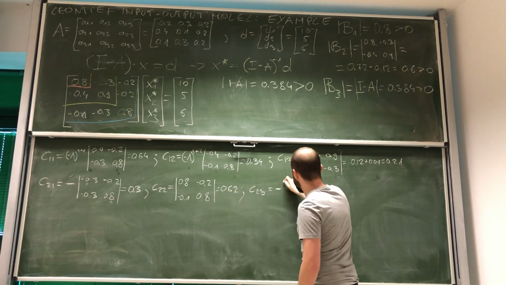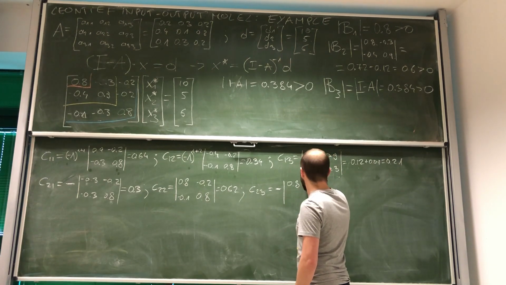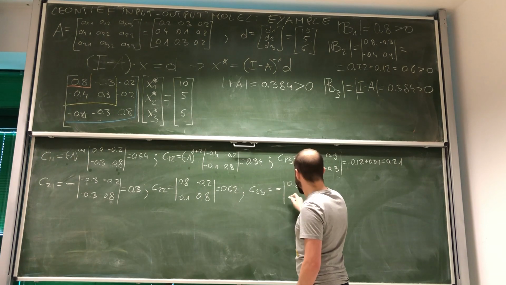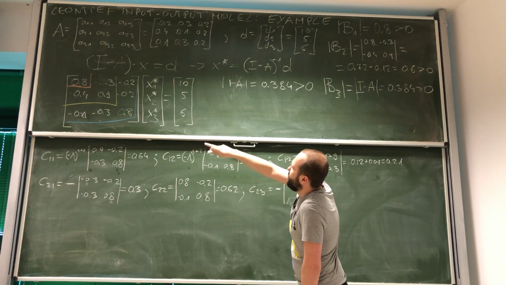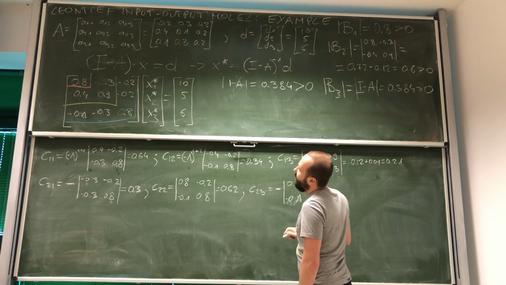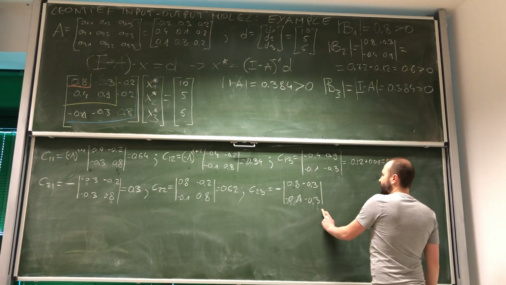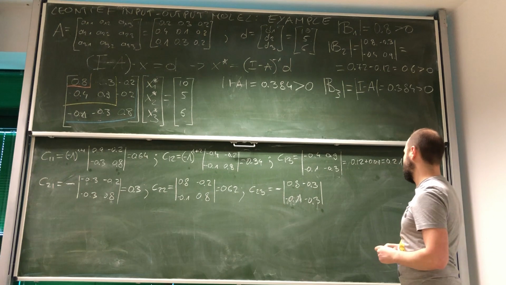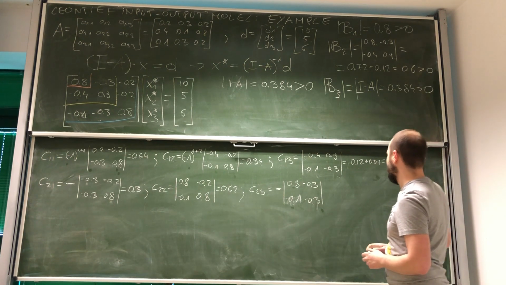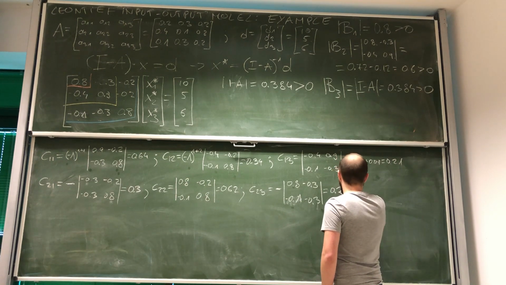This one is going to start with minus, and we've got 0.8, negative 0.3, negative 0.1 and negative 0.3, negative 0.24 plus, minus, so this is going to be 0.27.